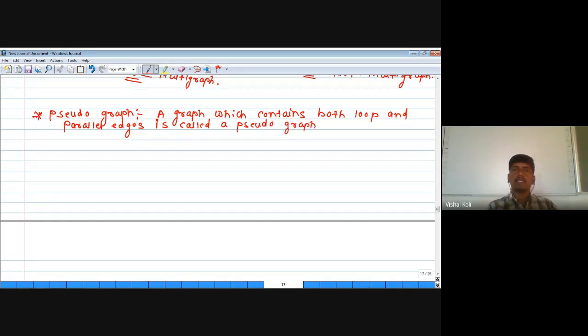That is, any graph G which contains both loop and parallel edges is called a pseudograph. For example, this one will be the graph.